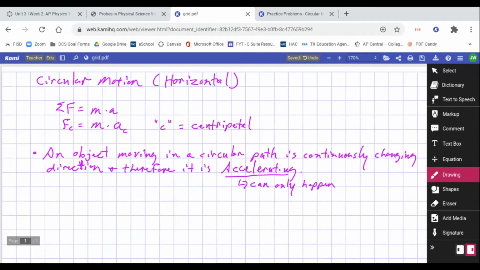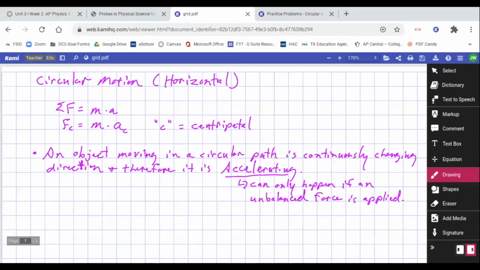Yes. We get an acceleration when we have an unbalanced force. So here I'm saying accelerating can only happen if an unbalanced force is applied.